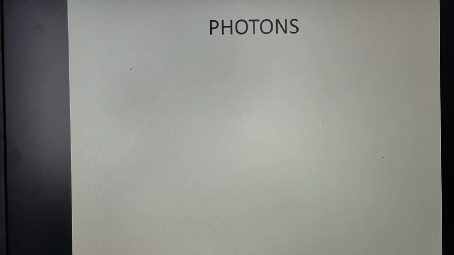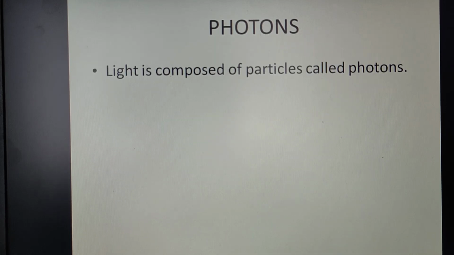Now we come to the next part, that is photons. What are photons? Light is composed of particles called photons. Photons are particles of light. Now we know the nature of light is that it behaves as a wave, that is an electromagnetic wave, and also as a particle.